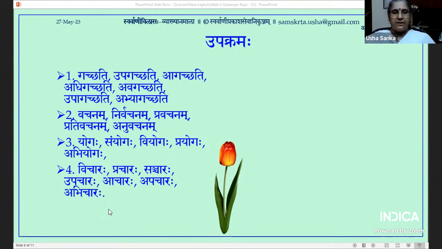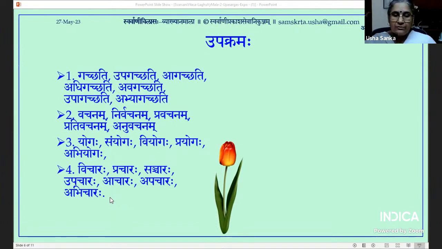Okay. So all these words, vichara, prachara, sanchara, belong to one or the other Indian language areas. In Telugu I know these words, in Hindi you all know these words. विचार करना, प्रचार करना, संचार करना, ठीक है, उसने बहुत उपचार किया, ठीक है, और वो बहुत आचारवान है, मुझसे अपचार हो गया, ठीक है.